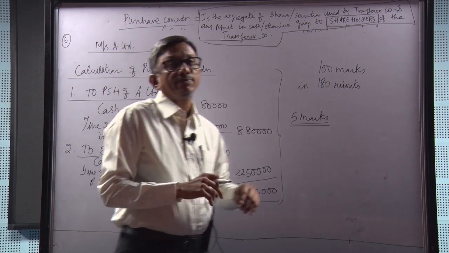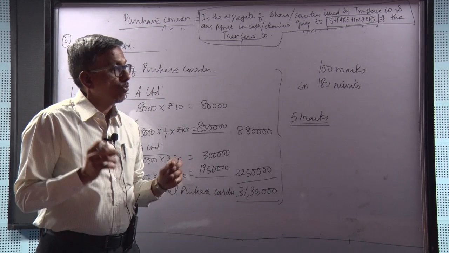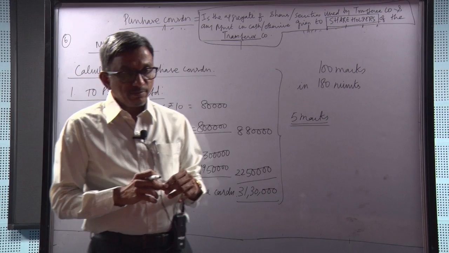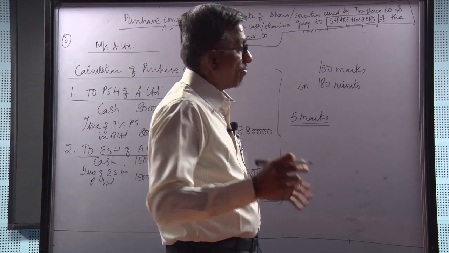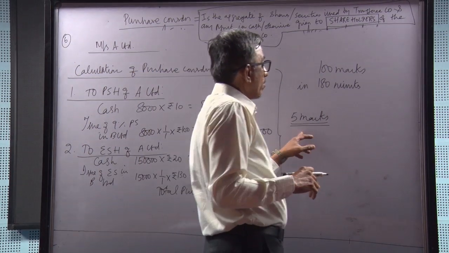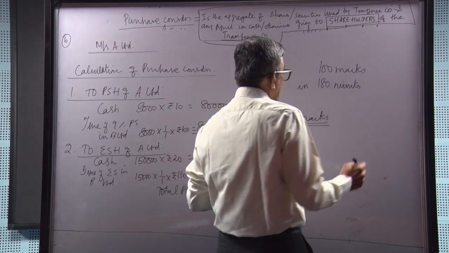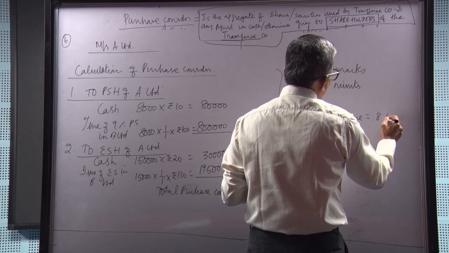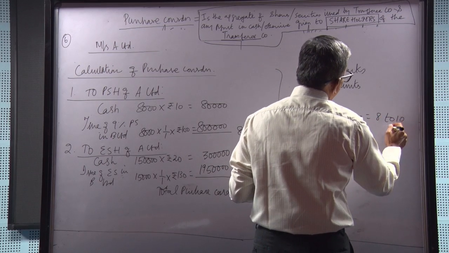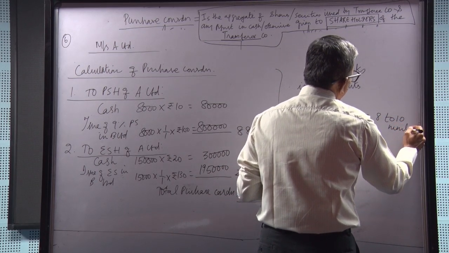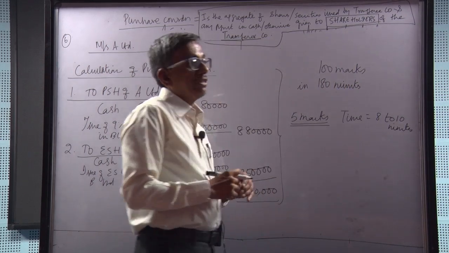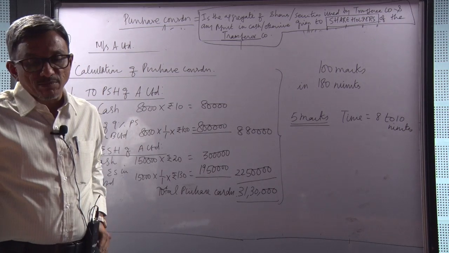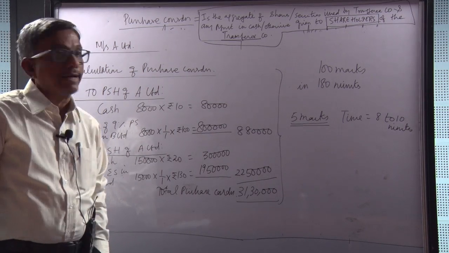That means for attempting 1 mark, you have only 1.8 minutes in the exam. Roughly 2 minutes, for example. Therefore, if you get a problem on 5 marks, the time that you can take is around 8 to 10 minutes only. Maximum you can take 10 minutes, but better it is to finish within 8 minutes. Then only it is possible to attempt all the questions in the exam.